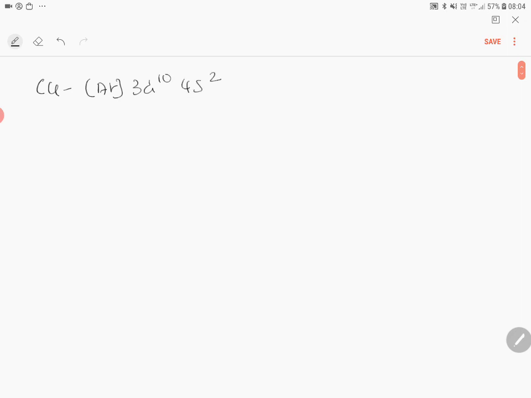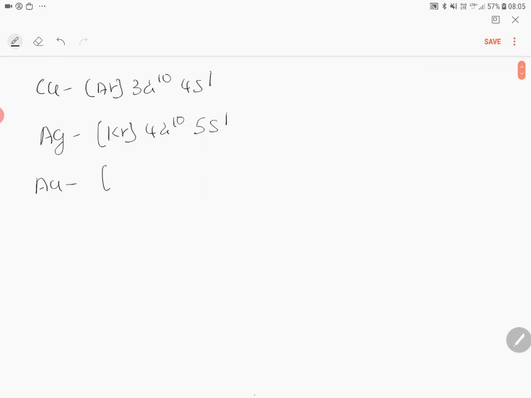Sorry, copper is 3d10 4s1. Come to silver. Silver electronic configuration, you will get krypton 4d10 5s1. Great.